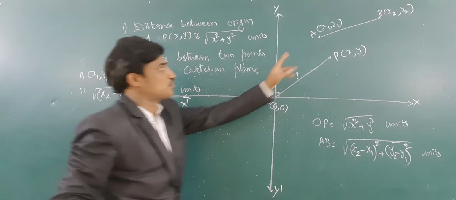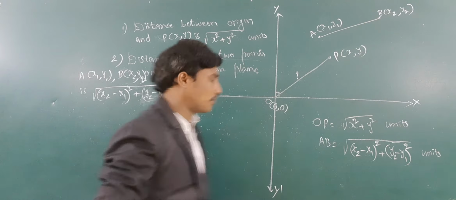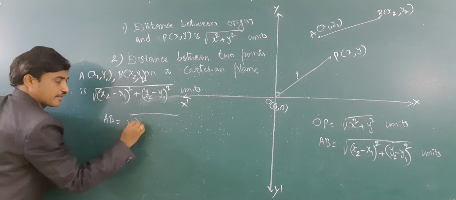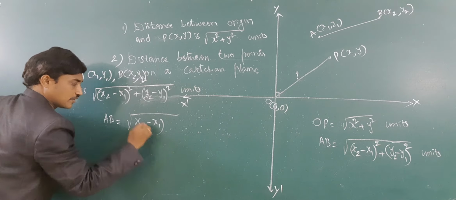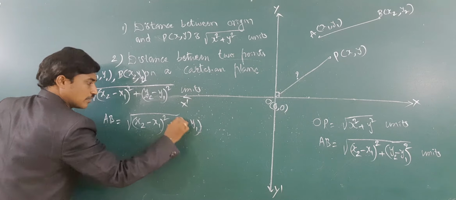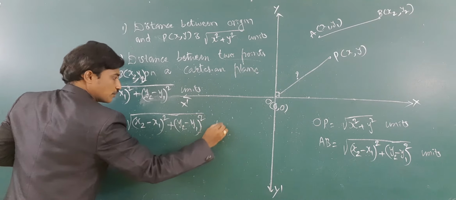We denote this distance between A and B as AB.